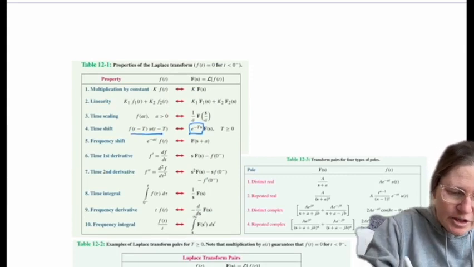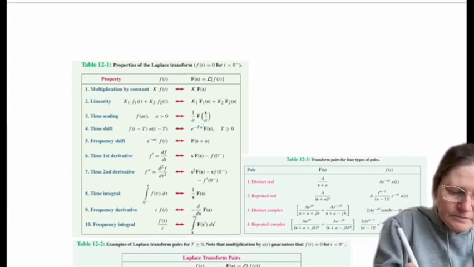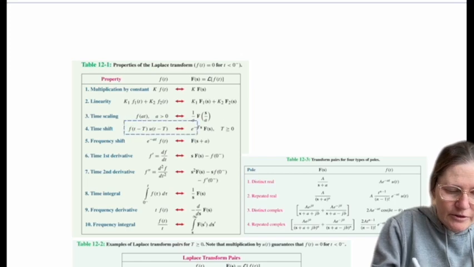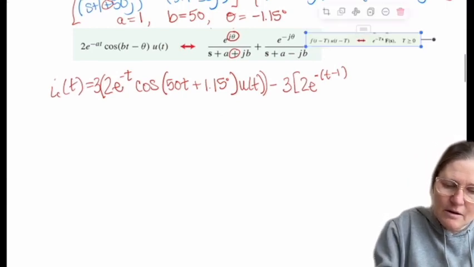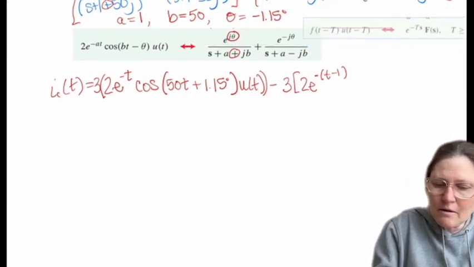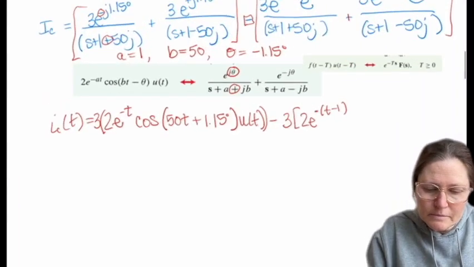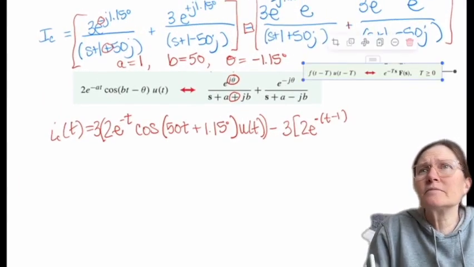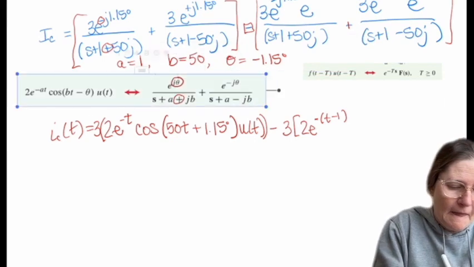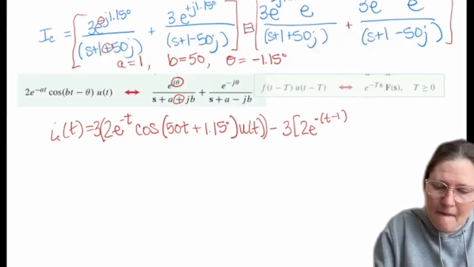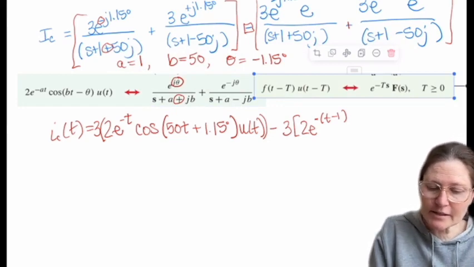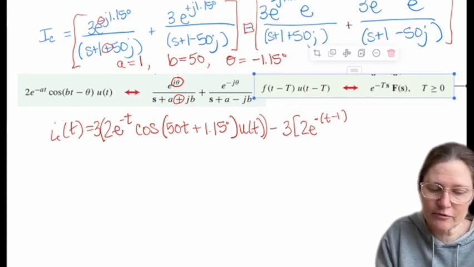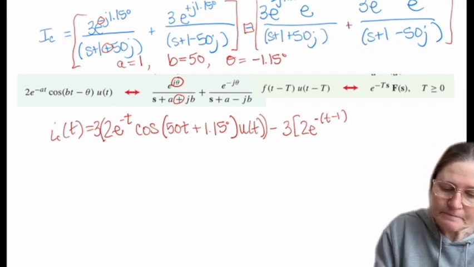Okay, so this shift, grab this so you can see the shift. So the property for the shift, you can see here that the minus s, so we bring that into the function at t minus 1.